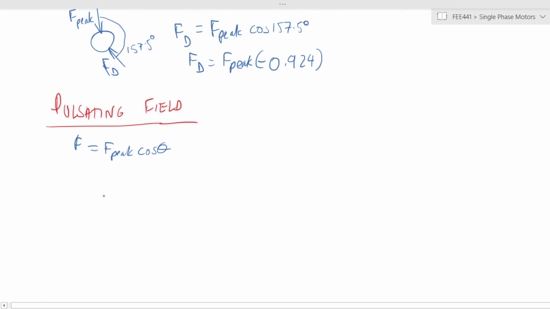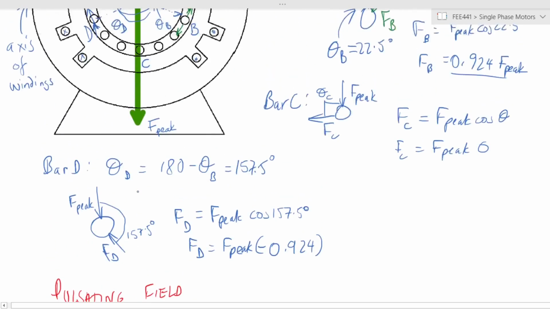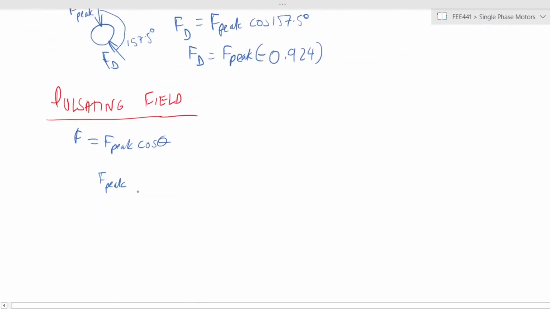So bear in mind that the field itself or the voltage changes with time. Okay. So F peak itself, the value of this force changes with time, and this is also sinusoidal. So it is changing from a maximum value in relationship to the cosine of the angular motion, the cosine of the voltage itself.